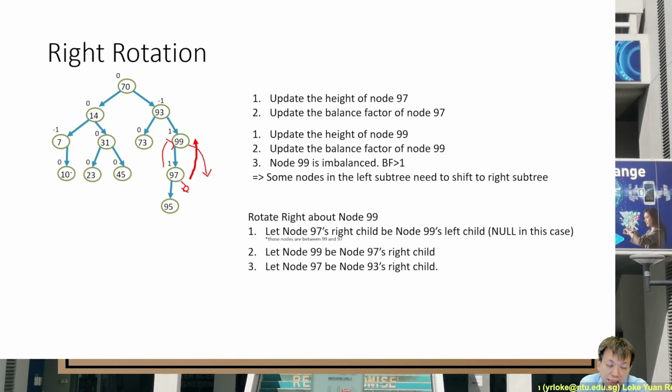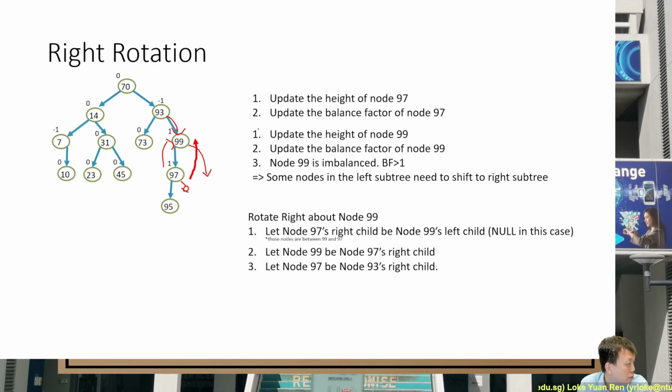If there is something here, you put it as the left child of 99 first, and then let node 99 be the right child of node 97. So you bring 99 down and move 97 up, and 97 becomes the right child of 93, replacing 99.